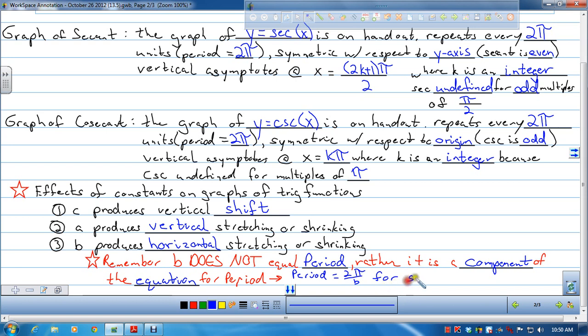So that would be sine, cosine, and their reciprocal functions, and I like to write them in order since cosecant is the reciprocal of sine and secant is the reciprocal of cosine.